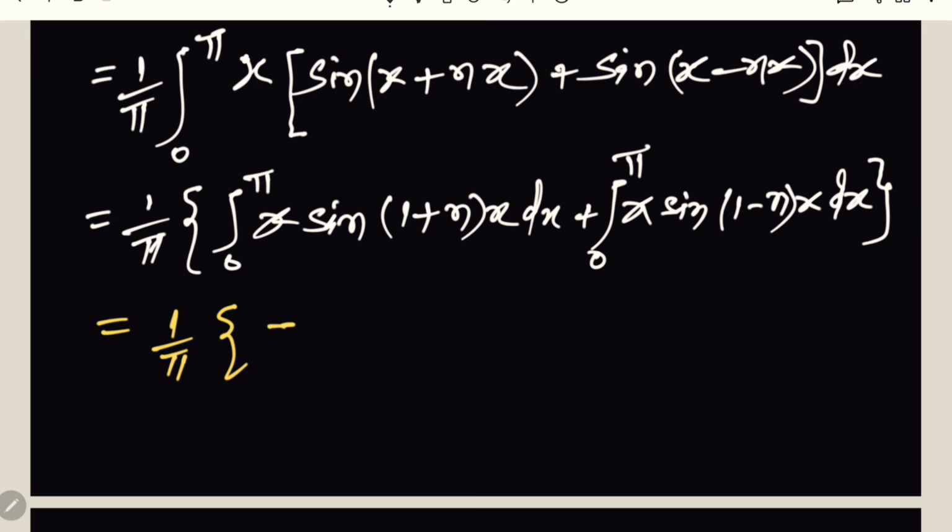Therefore, it becomes 1 by pi multiplied by I1 plus I2. We call this as equation number 3.